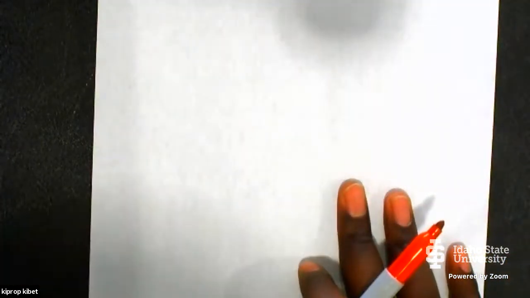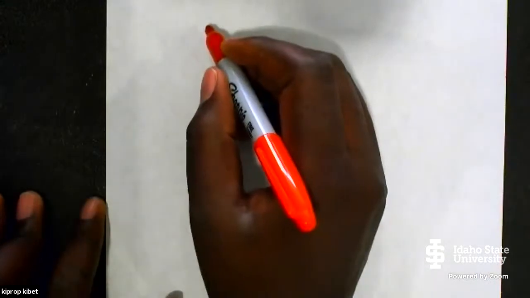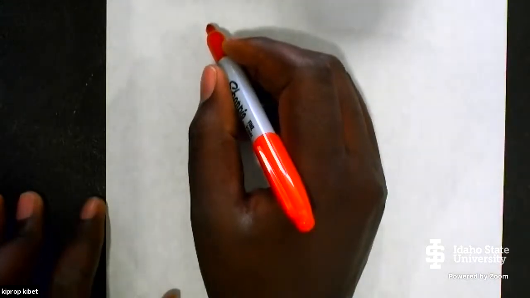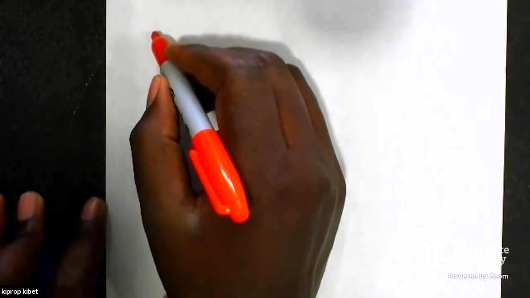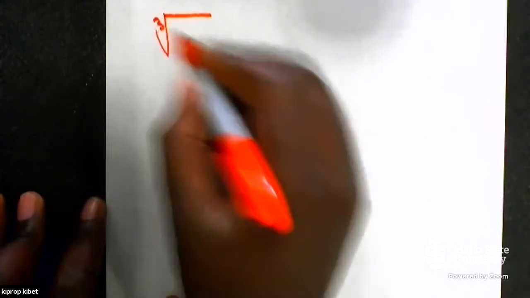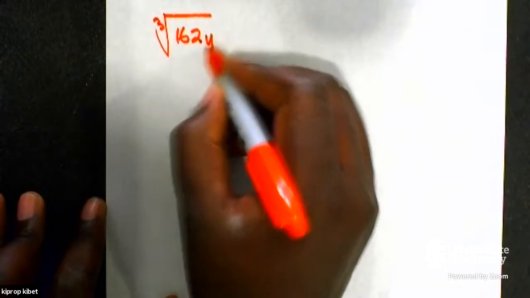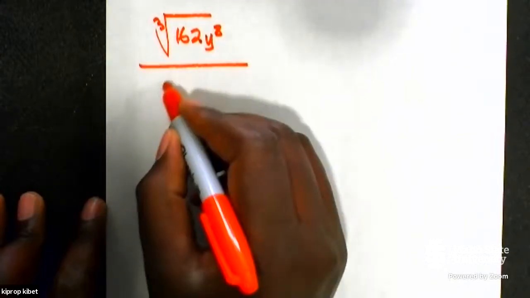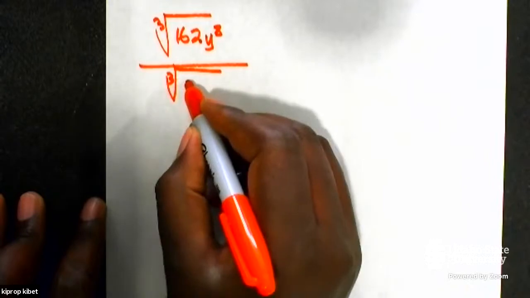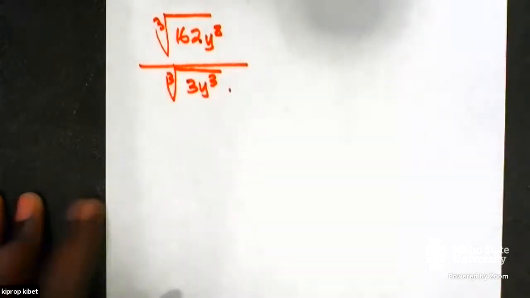So we have another example there, which I know you can solve, but maybe you can solve it. The cube root of 162 y raised to 8 all over the cube root of 3y cubed.